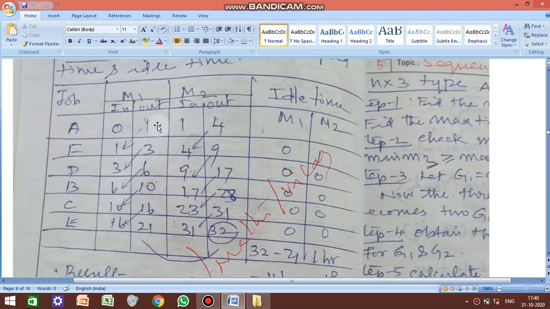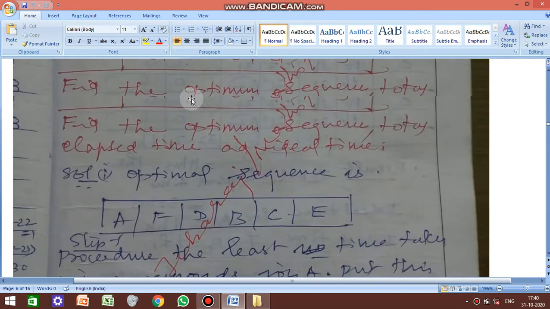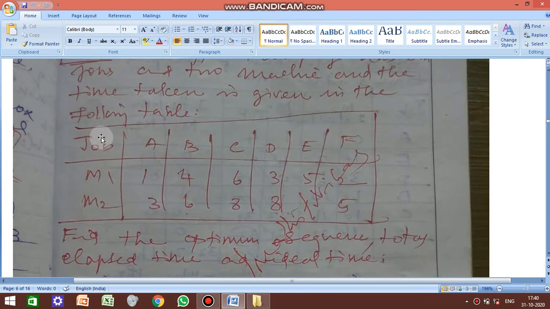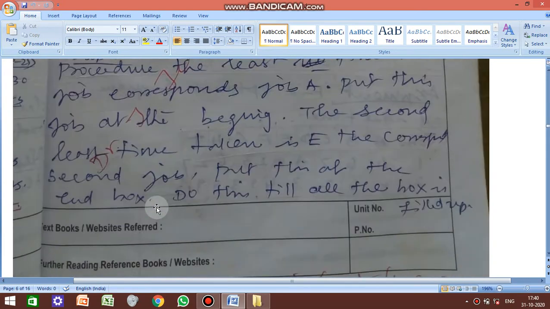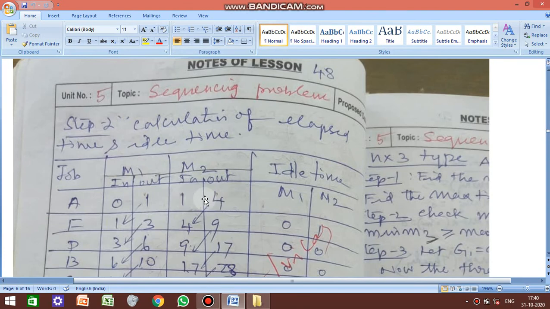Therefore whatever is here, that 1 we write here. Now what is the time taken for A under machine 2? 3 units it takes. Therefore 1 plus 3 becomes 4.